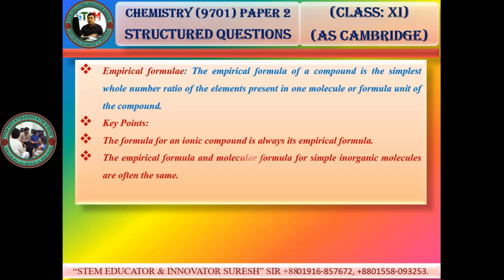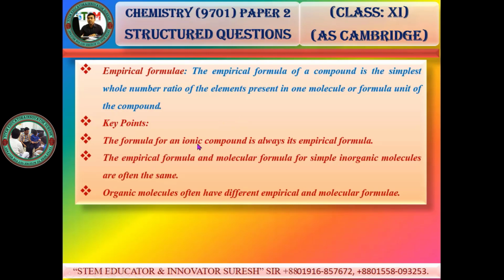Don't forget it. The empirical formula and molecular formula for simple inorganic molecules are often the same. Often the same, don't forget it. But sometimes it can be different. Organic molecules often have different empirical and molecular formulas. So these are the key points for empirical formula.